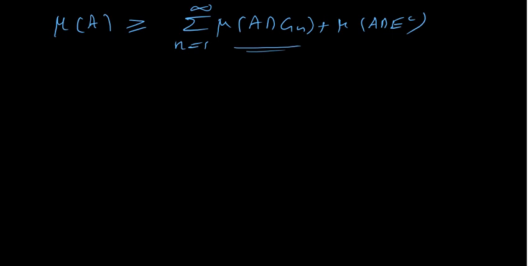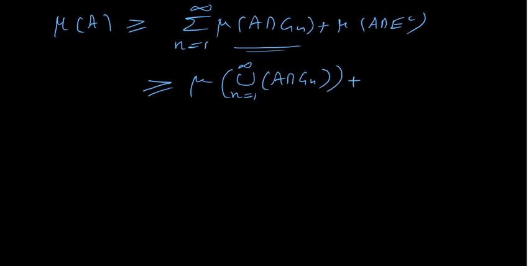But we can apply the sigma sub-additive property. This is greater or equal to mu of the union n runs from 1 to infinity of A intersection Gn plus mu of A intersection E complement.